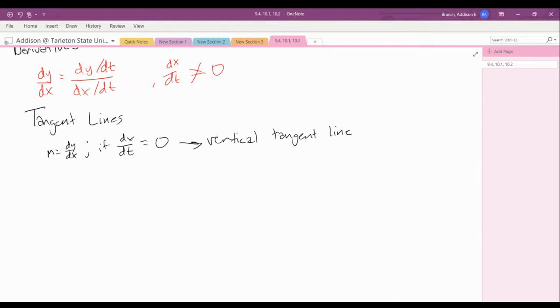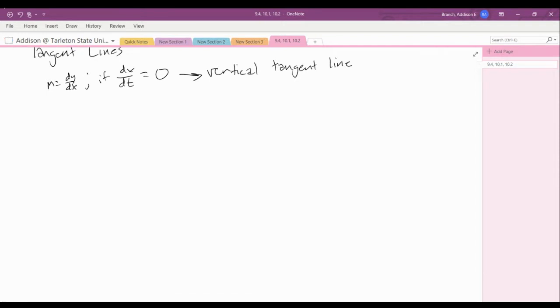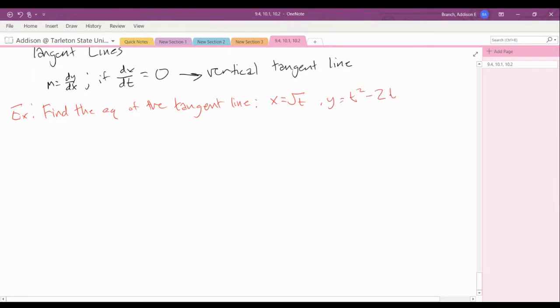So let's go ahead and do an example. Find the equation of the tangent line whenever we have the curves x equals square root of t, y equals t squared minus 2t.